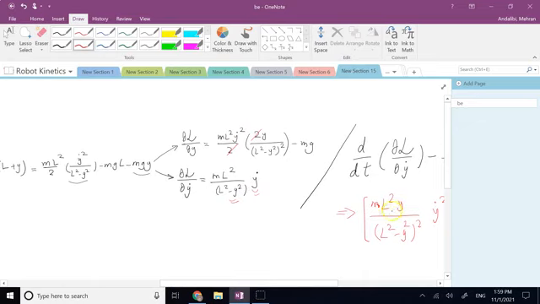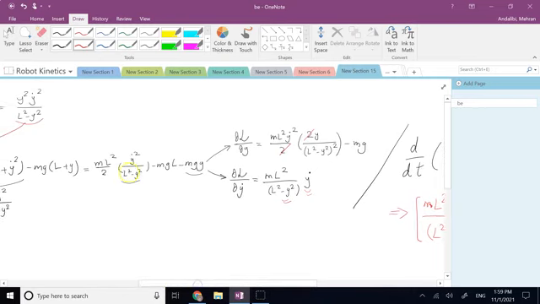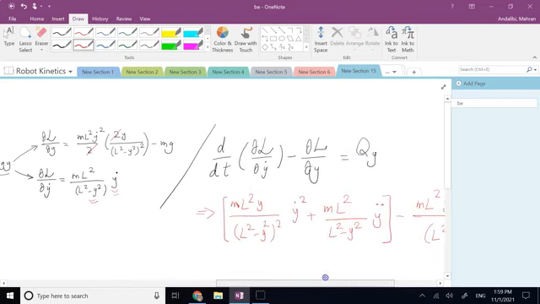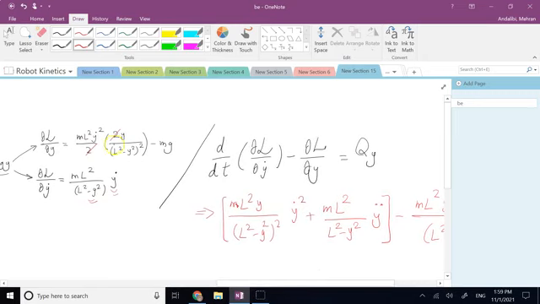The only term that I did not do correctly is this one; it's going to be 2y over that. So there is a 2 here, or here actually.